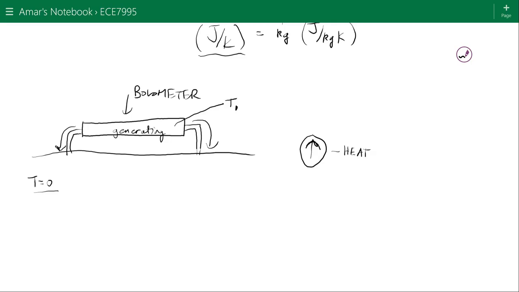In the electrical domain, a current source is generating charge, right? It's pushing charge into the system. In the thermal domain, the unit element is heat. We're pushing heat into the system. So this heat generating element here, the fact that the bolometer is heating up, can be represented by a current source, which represents, so we say, heat source. So this is the bolometer.